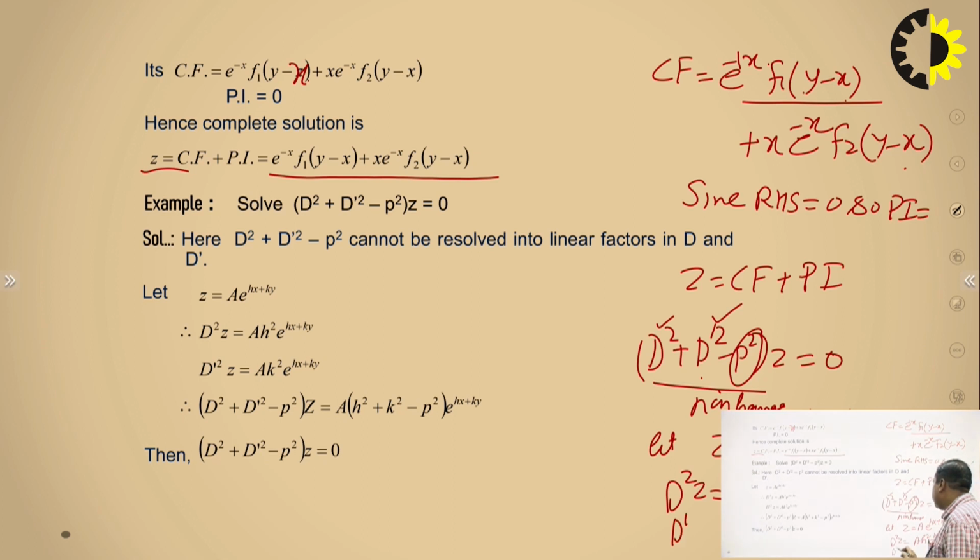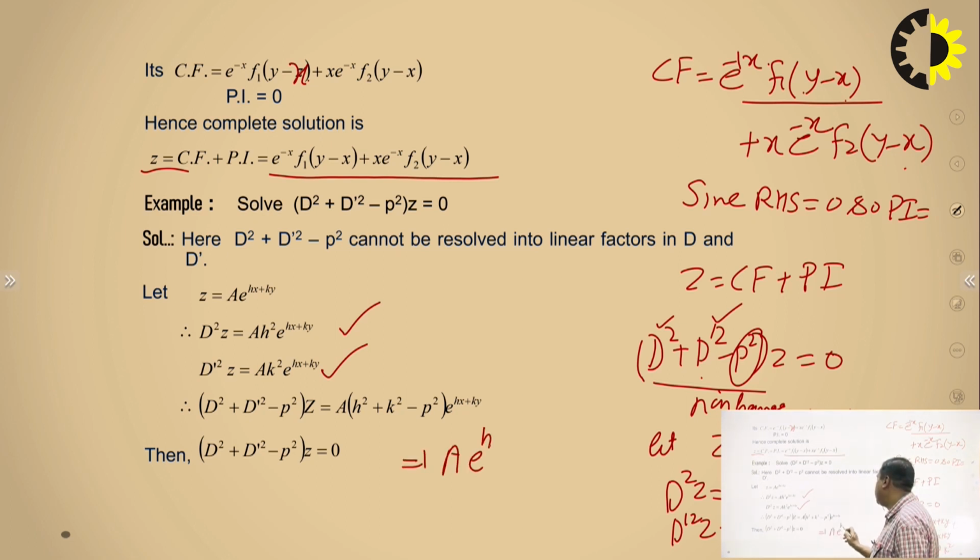D dash square z is a e to the power hx plus ky into k square. If it is the trial solution, then it must be satisfied. So putting these values, a e to the power hx plus ky is taken as common, and we get h square plus k square minus p square is equal to 0.